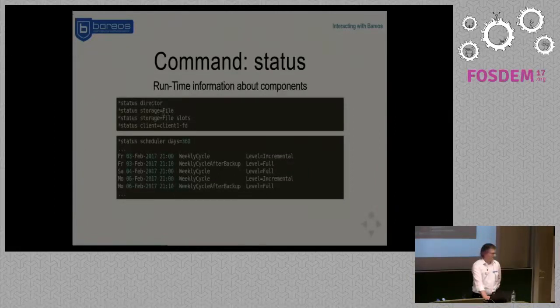Or if this is a tape library, then you can ask what volumes reside in what slots, or ask for the status of different clients. You can also ask when the scheduler has planned to execute specific jobs.